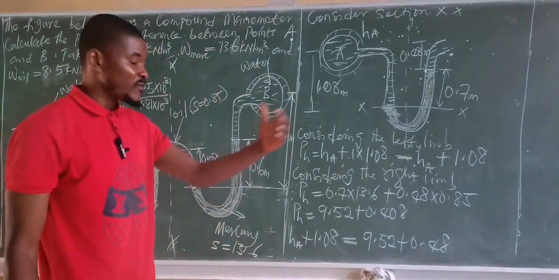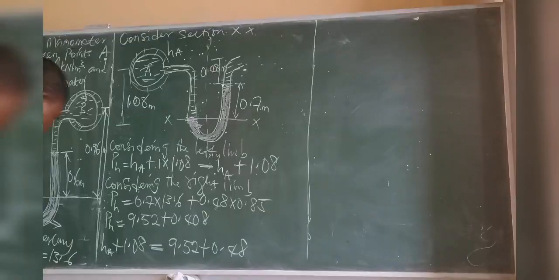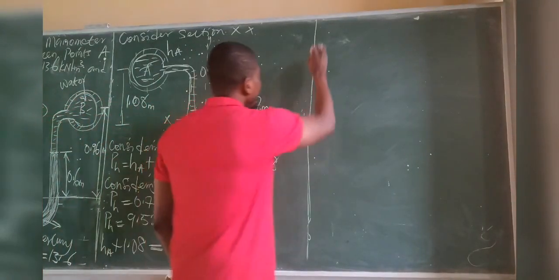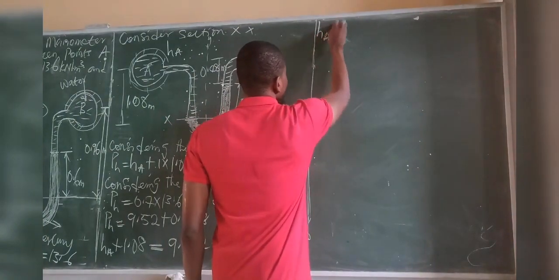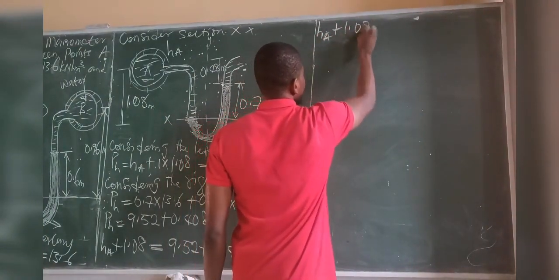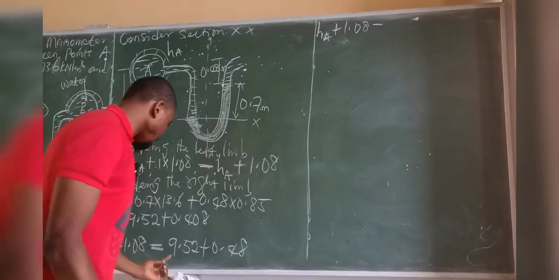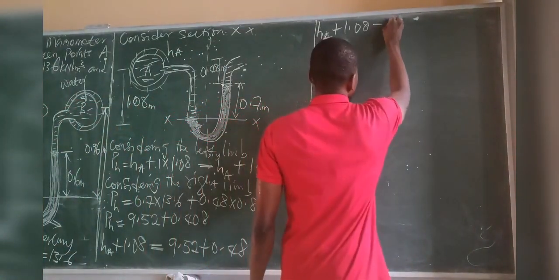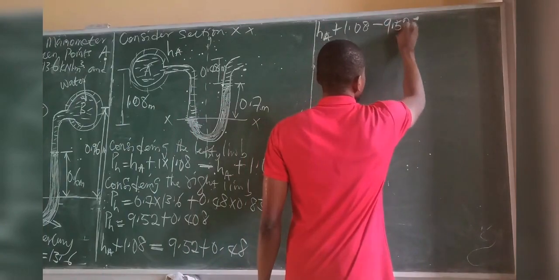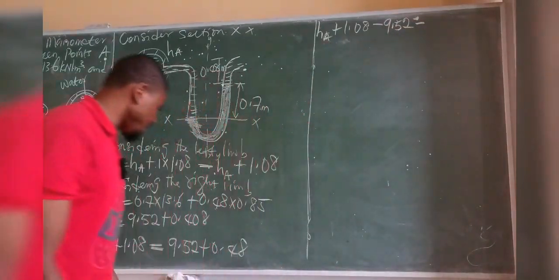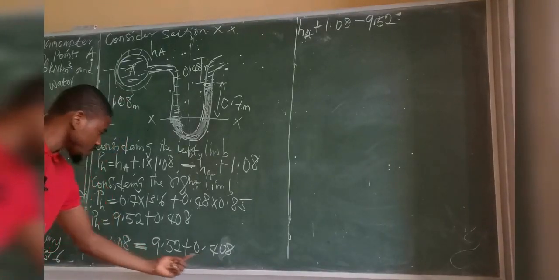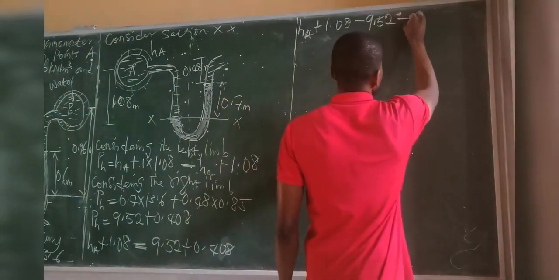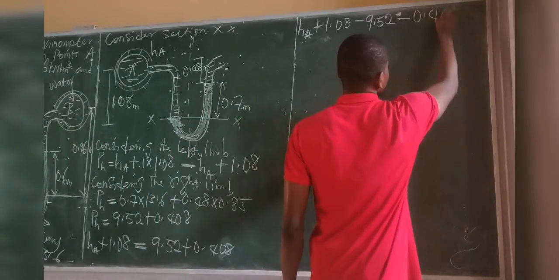I will switch the camera over to the other side, please. Transferring everything here to this side, I will have HA plus 1.08, minus 9.52, because if 9.52 crosses over it becomes negative, and also minus 0.408, because when it crosses over it becomes negative.